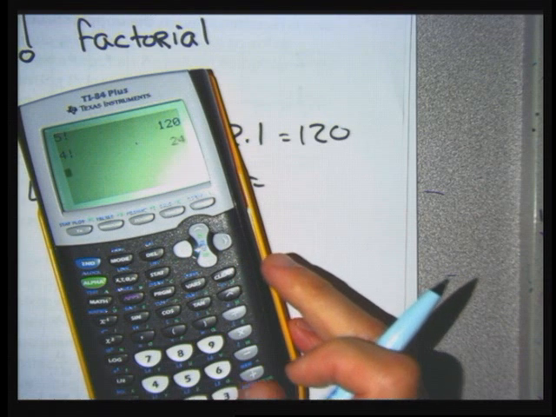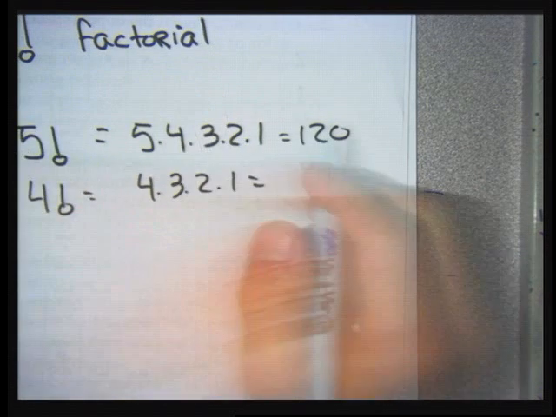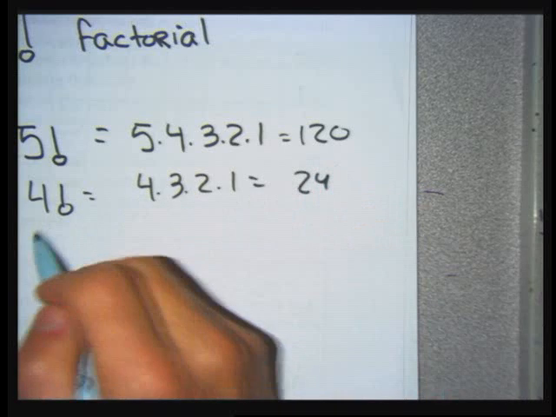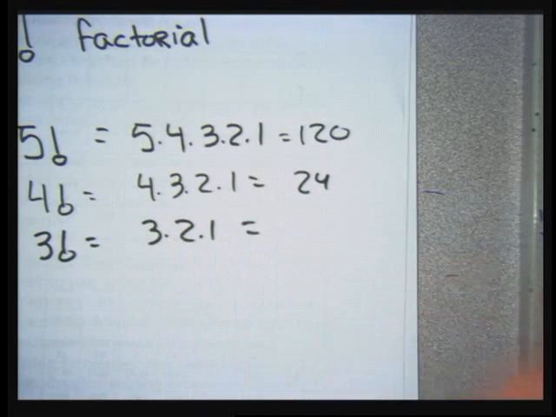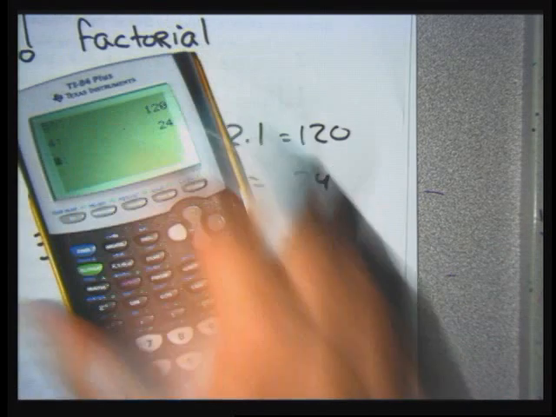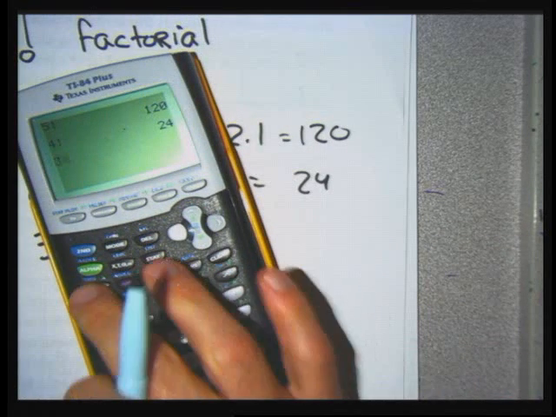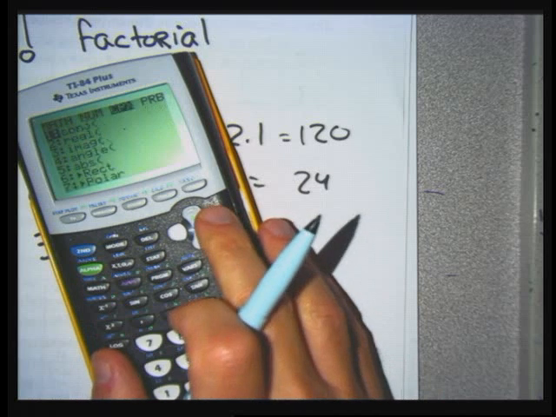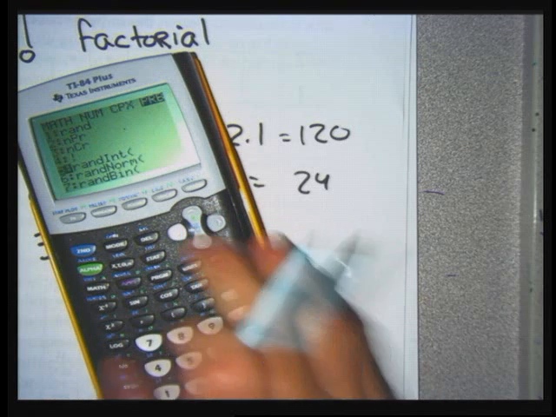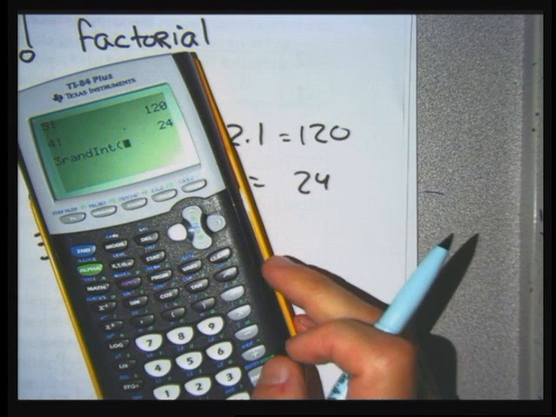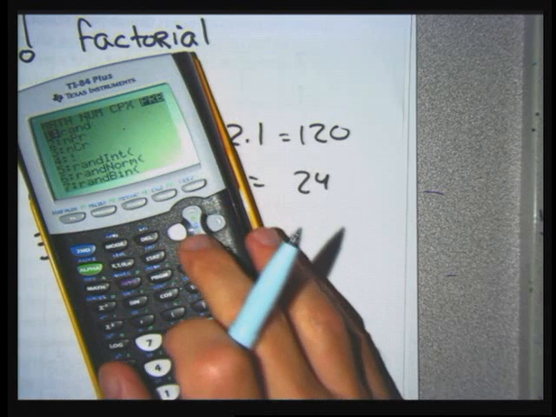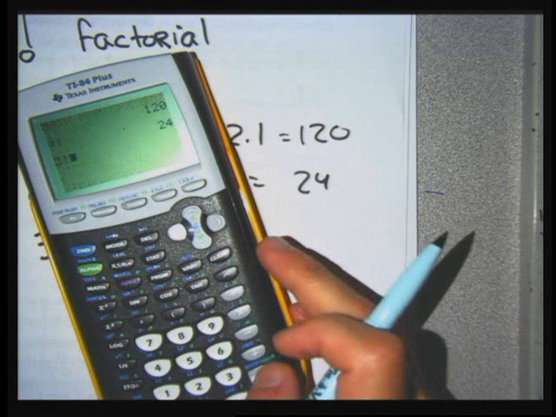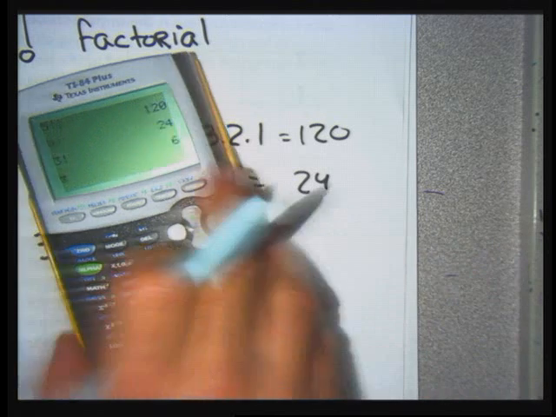There's 4 factorial, that's 24. 3 factorial is going to be 3 times 2 times 1, that's going to be 6. On my calculator, I'd go 3, math, PRB, factorial, and that's 6.